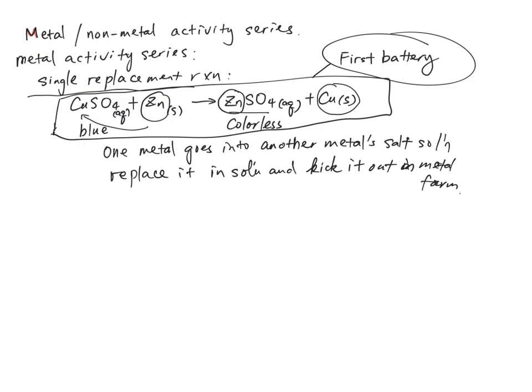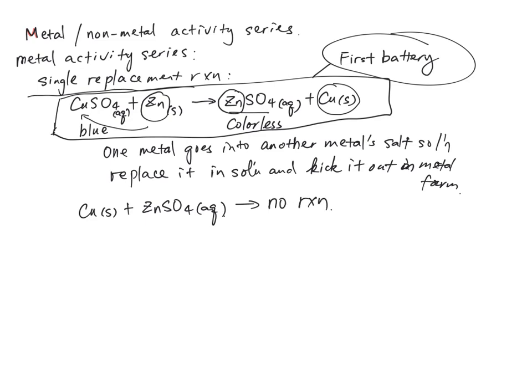Another thing, while zinc can do this to copper, people also thought about, what if I put metal copper into a solution containing, like, zinc salt? Is this single replacement a two-way street? What people ended up finding out is, no, it's not.